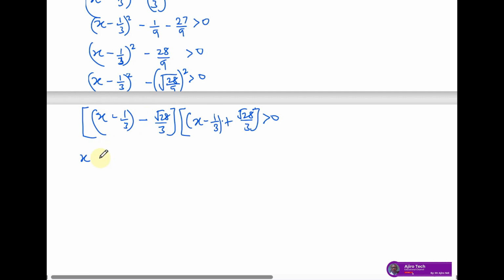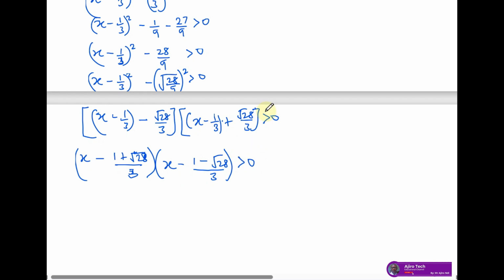So minus is common, minus 1 plus root 28 over 3. Sorry about that. So x minus 1 minus root 28 over 3. Because I'm putting minus outside in brackets, I'll take the sign greater than 0.